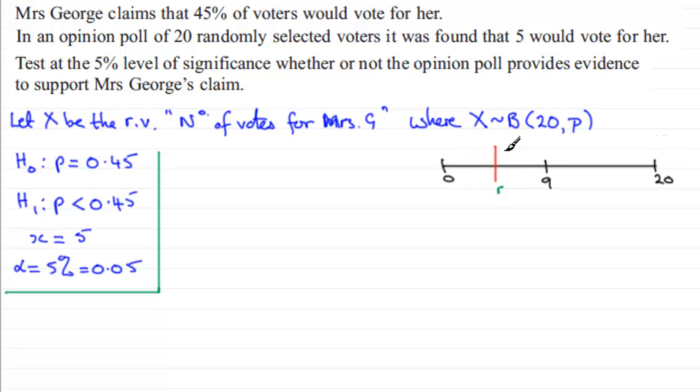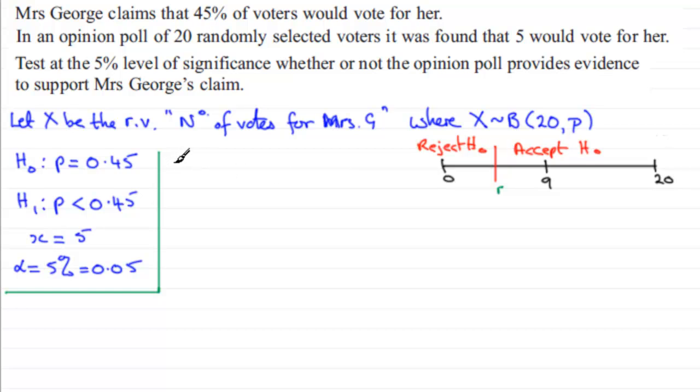If not, we accept the null hypothesis. So this region up here is going to be accept the null hypothesis, and this one is going to be reject the null hypothesis. So we've got to find out this value of R.